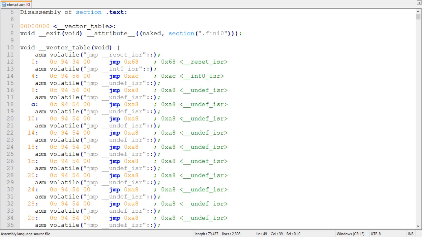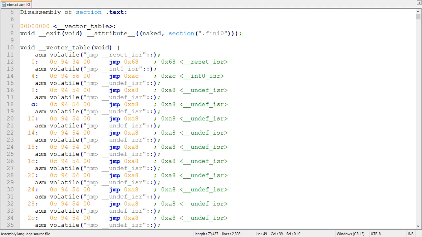The interrupt vector table is usually placed at the lowest address of the program memory, which is the start of the application section in the case of the Atmega 328 microcontroller. However, it can be placed at the start of the boot flash section by setting the IV select bit in the MCU control register.